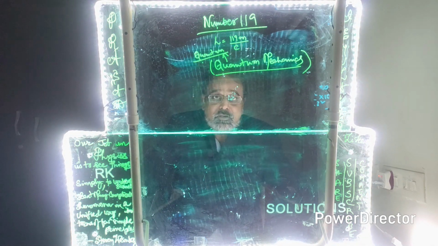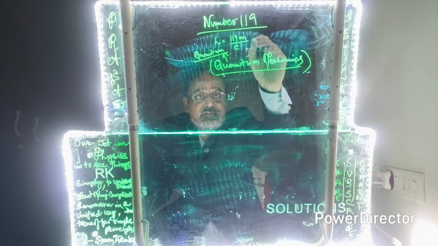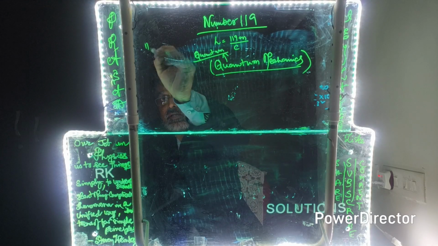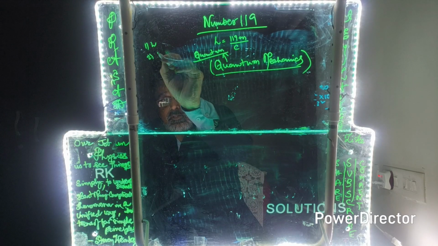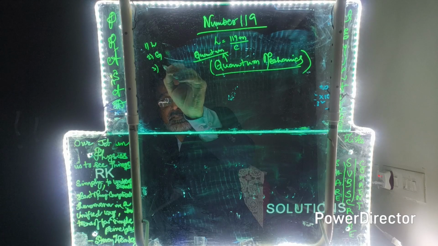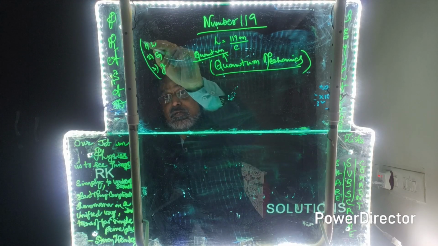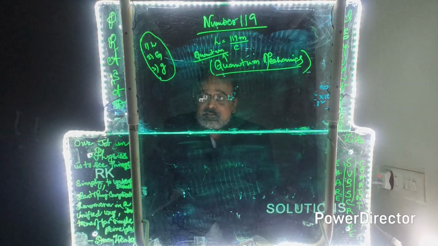As I told you just now, one is h, two is G, three is small g. And these three constants in fact rule mechanics.